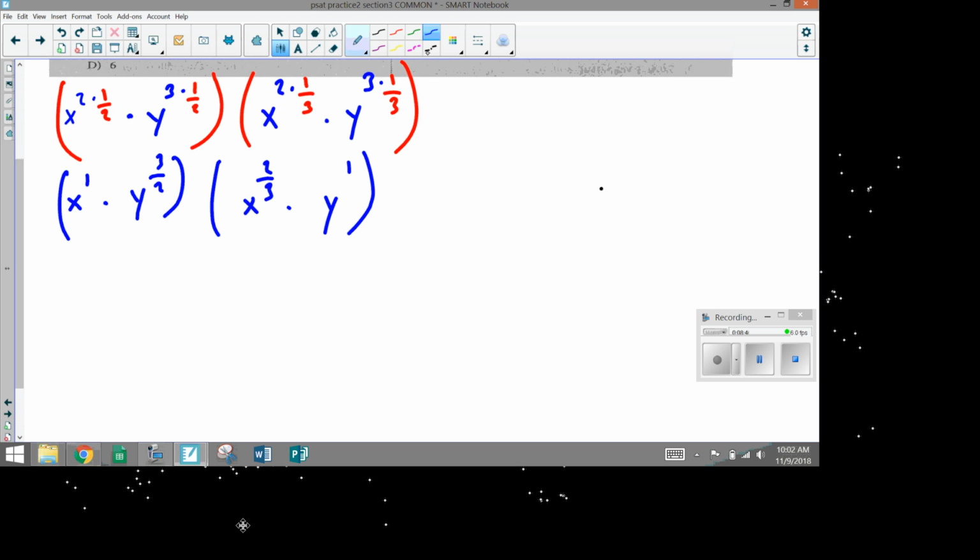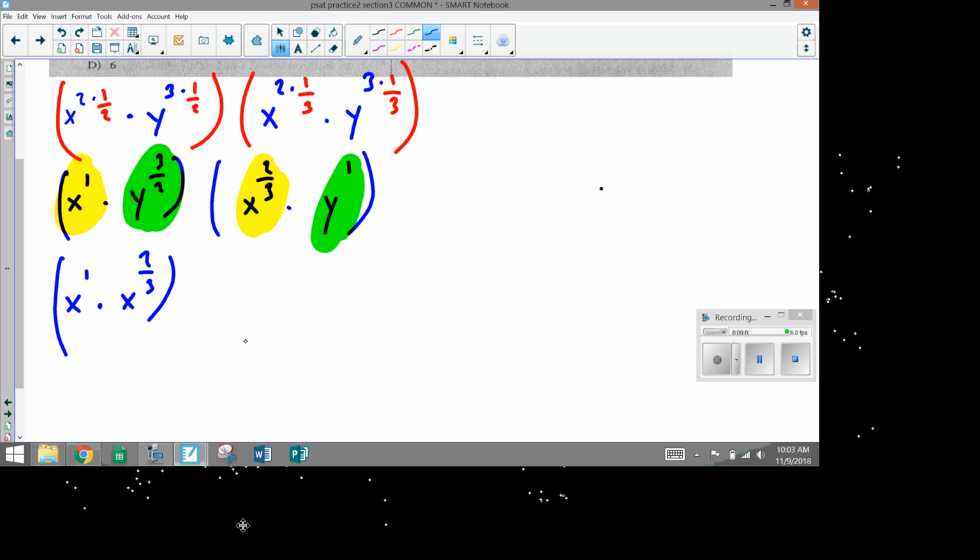Now, as you see, we're multiplying them all, right? And we're going to focus on like terms. When the bases are the same and you're multiplying, what do you do? You add exponents, right? Then you put them all together, y's together, x's together. So 1 plus 2/3 is equal to 5/3.